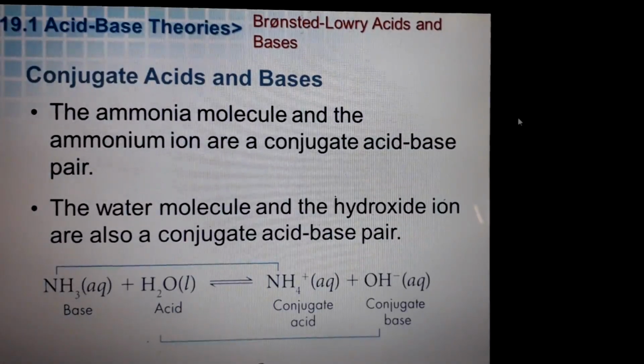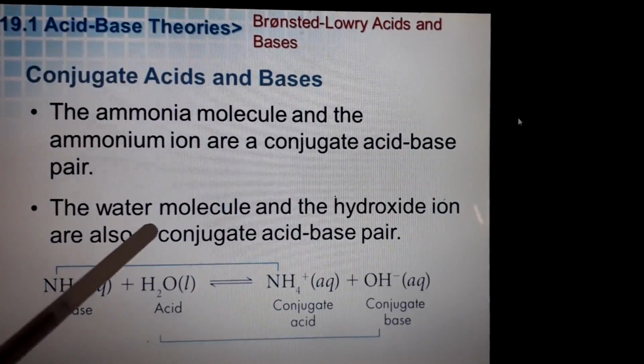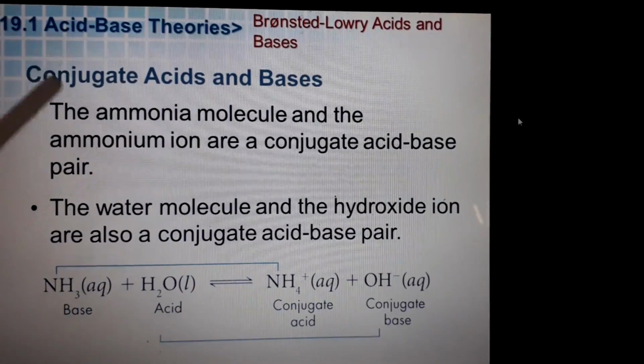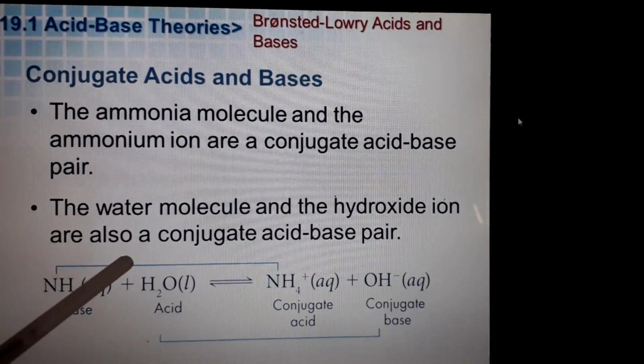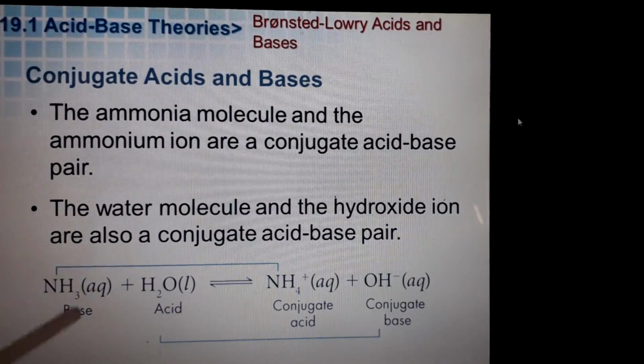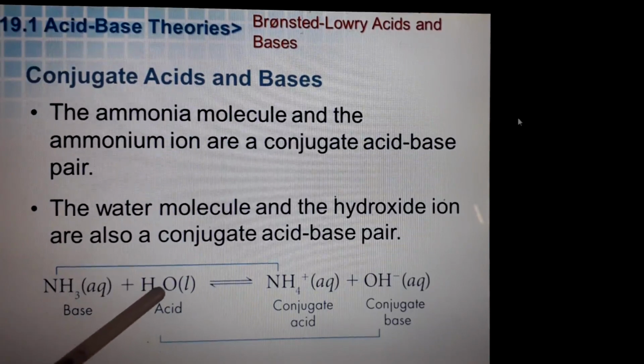Next, acid-base theory: conjugate acids and bases. The ammonia molecule and the ammonium ion are a conjugate acid-base pair. The water molecule and hydroxide ion are also a conjugate acid-base pair. In this equation, ammonia is the base, H2O is the acid.